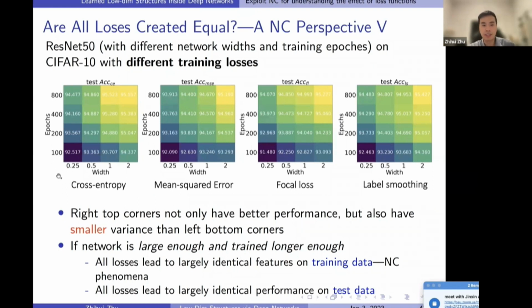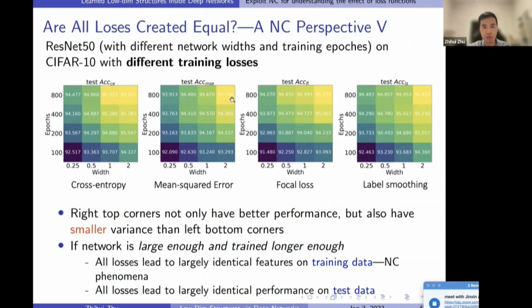If we look at the bottom left cells for each table, we do see some variabilities among the loss functions. However, if we train longer, the performance becomes better, and if we increase the network width, the performance increases.